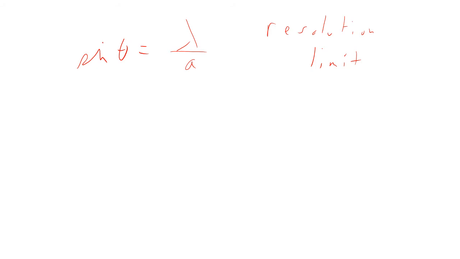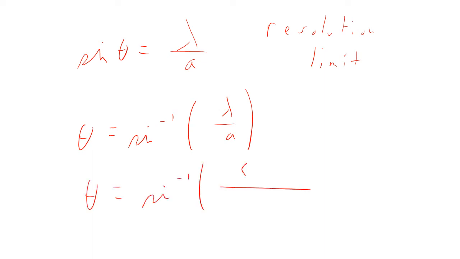So theta equals the inverse sine of lambda over A. This is equal to the inverse sine of 500 nanometers over 1.41 micrometers, which is 1410 nanometers. We won't divide that out here, but it comes to 20.8 degrees.